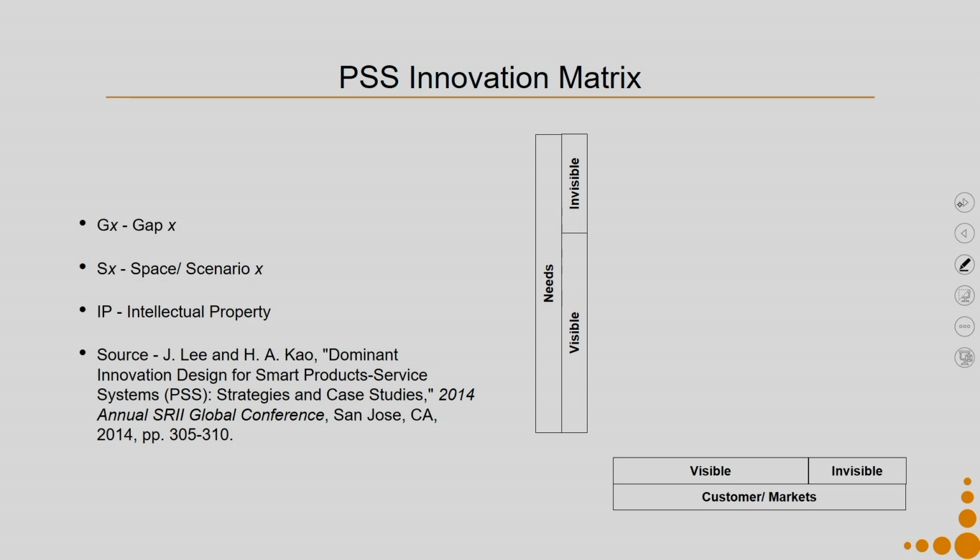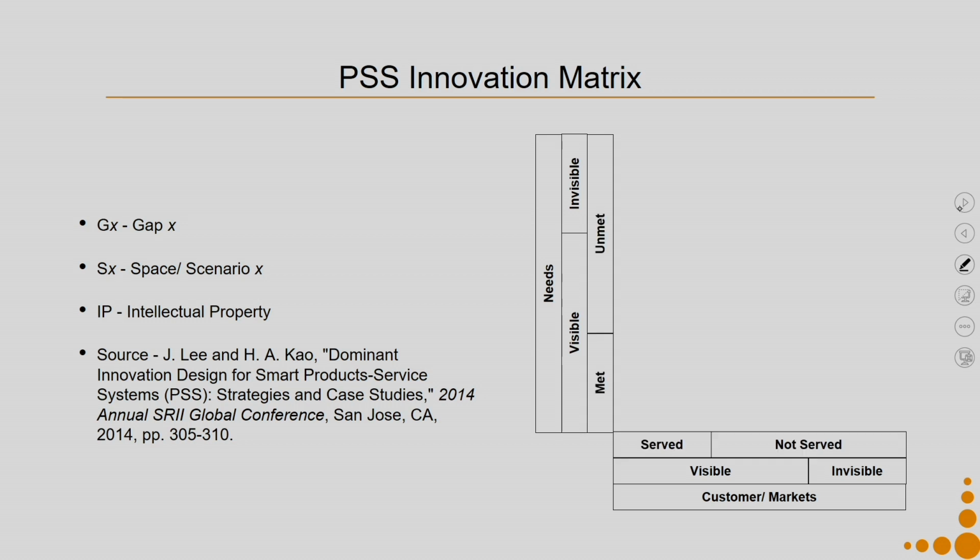So, what does it mean? All those customer markets which are already visible to everybody as a potential market, and invisible which nobody has seen yet as a market. Similarly, for the needs there will be visible needs and invisible needs.